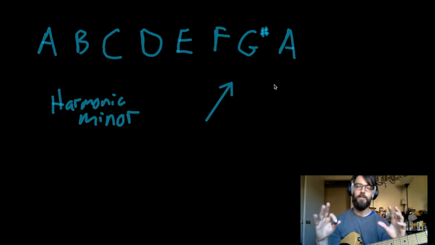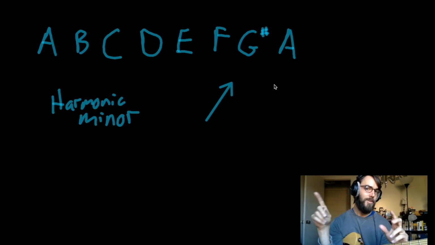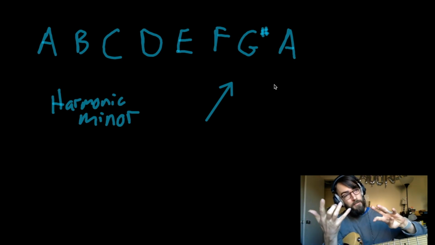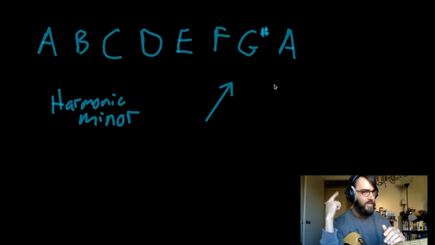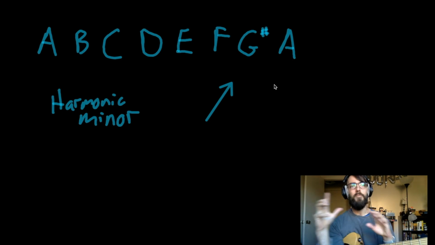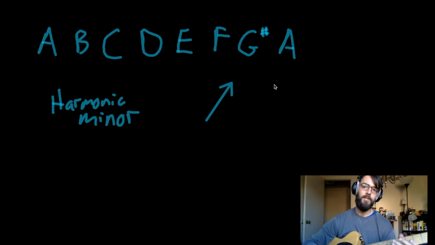Learn all your major scales, and then understand that all your major scales are also minor scales. You don't have to learn 5 new shapes. It's the same thing. It's just thinking about it differently and applying it over different chord progressions a little bit differently.